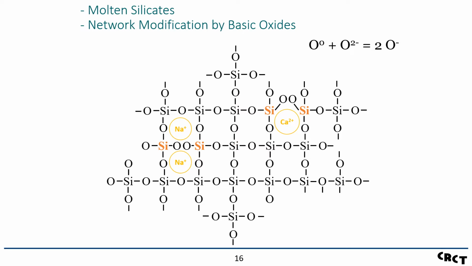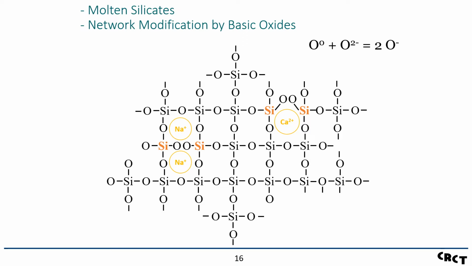When you add a basic oxide like calcium oxide, you're adding a calcium ion and an oxygen ion. The oxygen ion then breaks a bridge. So we have the bridging oxygen, O0, reacting with an oxygen ion. This breaks the bridge to form 2 broken bridges, O- ions, these here, and the calcium will remain next to it because of the charge attraction.